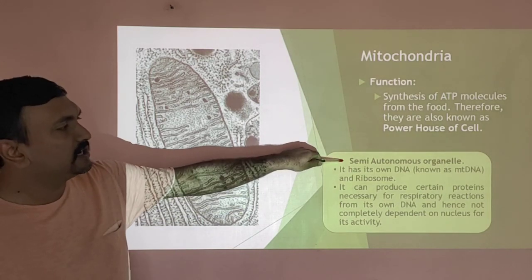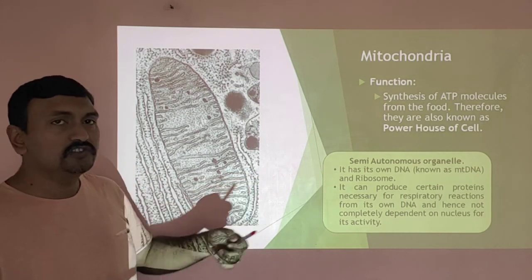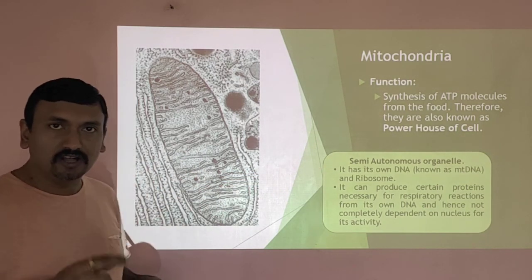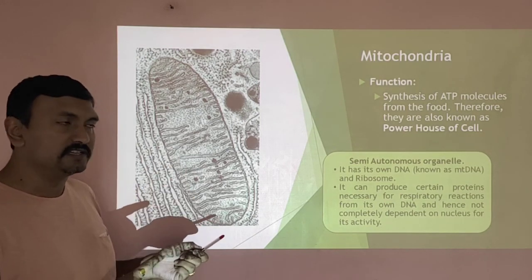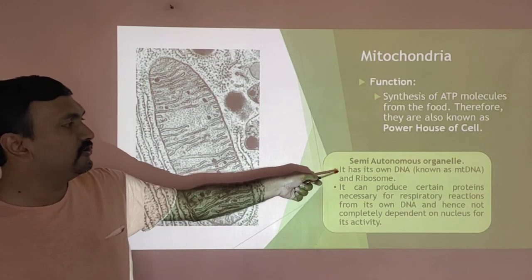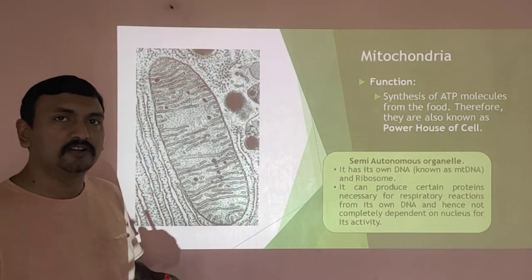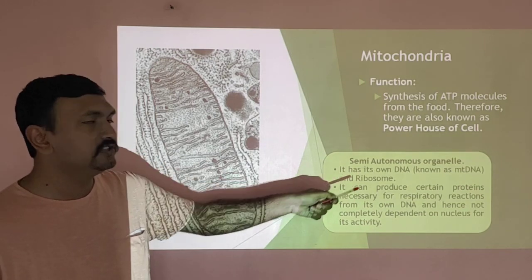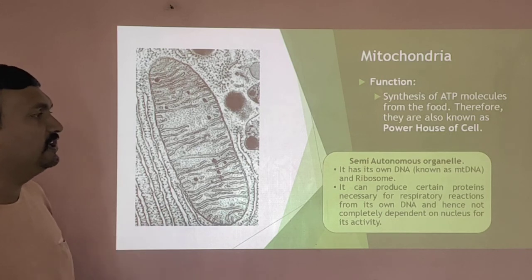So it becomes a semi-autonomous organelle because it has its own DNA. Recall, where is the DNA normally present in a cell? It is in the nucleus. But mitochondria has its own DNA, which is called mtDNA or mitochondrial DNA, and its own ribosomes. Now what are these ribosomes? We'll come to it separately.